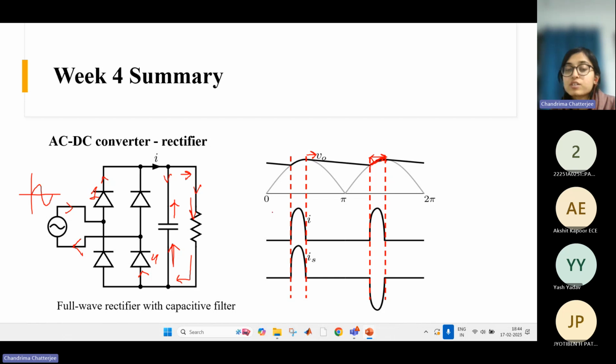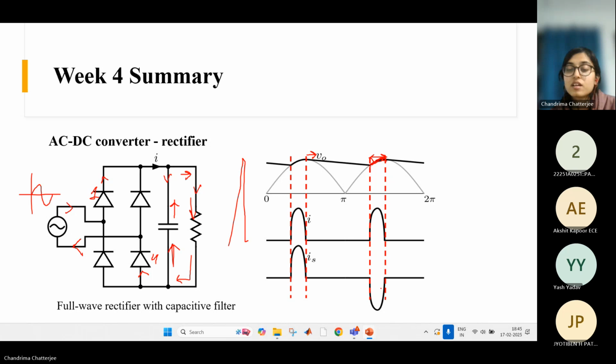So in the initial stage there will be a very huge peaky current, and at steady state also the current shape will be like this, but the magnitude will reduce, though it will still be a peaky sort of current. This is the current at this node, and this is the source current that is getting drawn from the AC source.